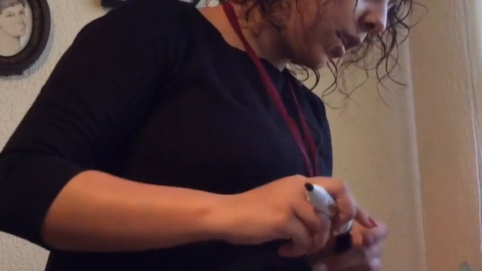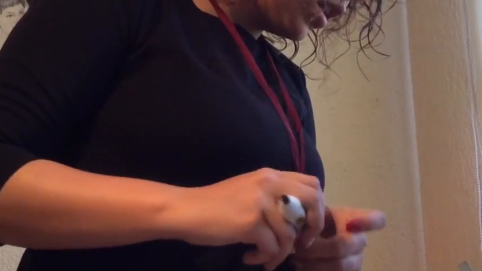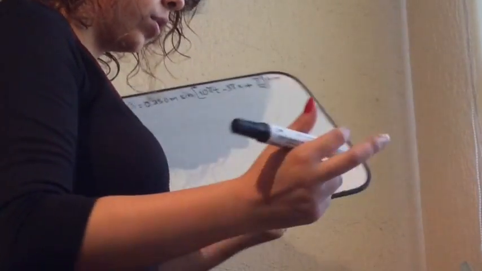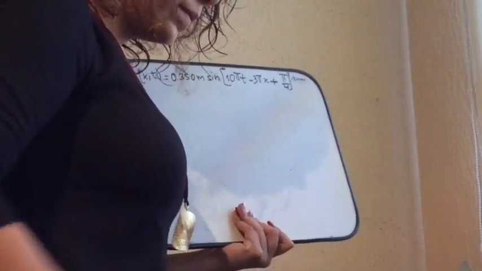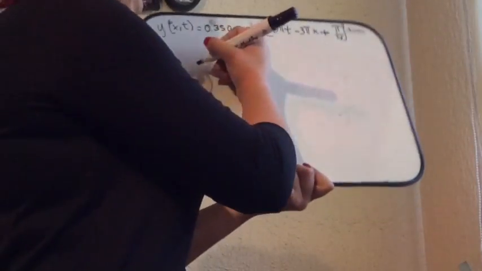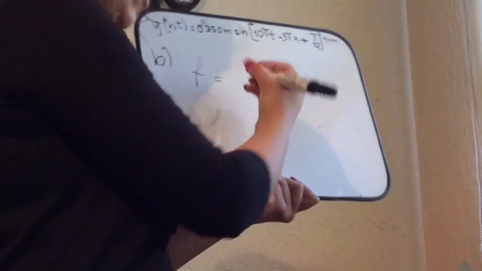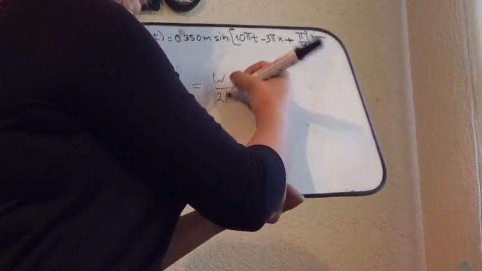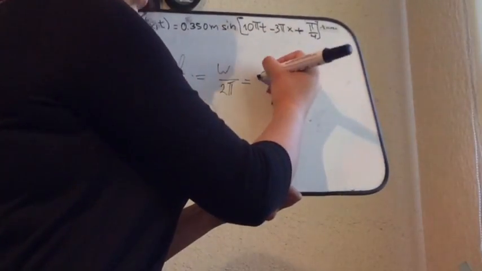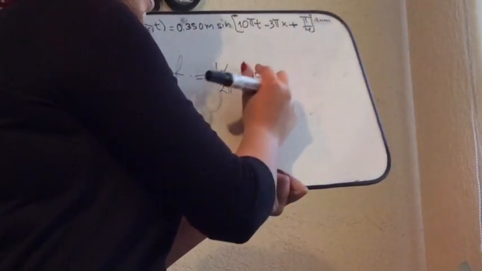And letter B asks us the energy contained in each cycle of the wave. So first, we need to find the frequency, and the frequency would be equal to omega divided by 2 pi, which equals 5.